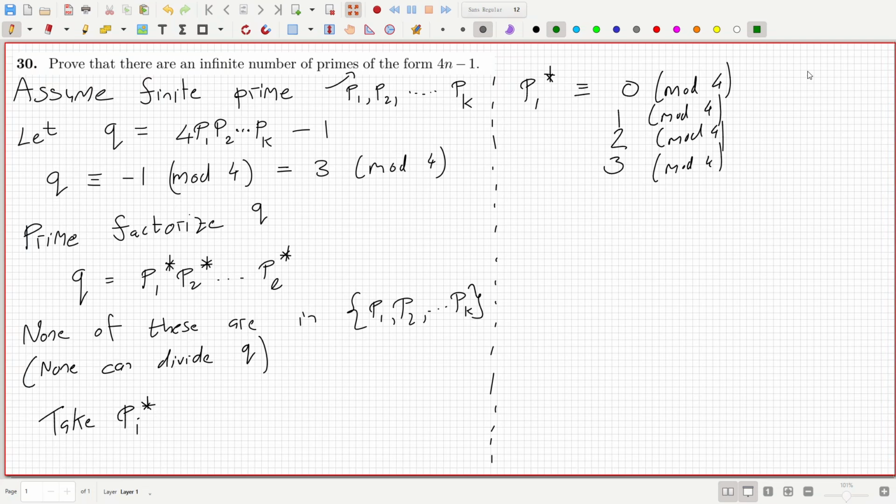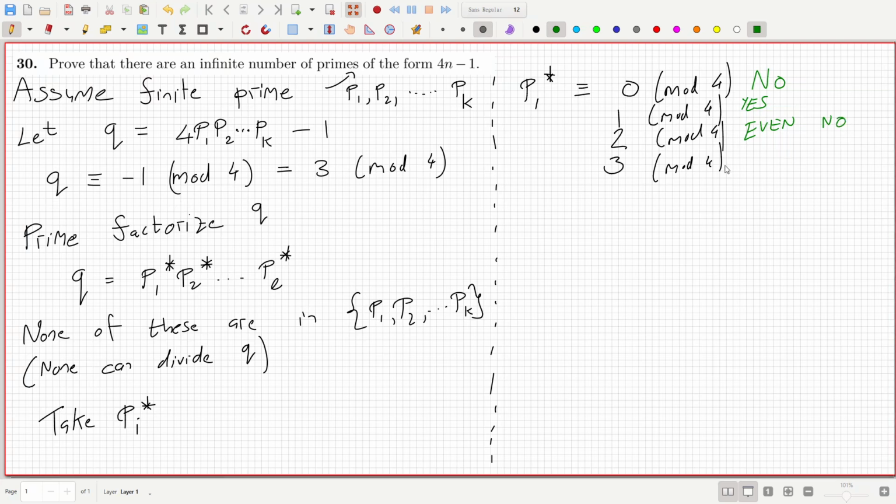So it couldn't possibly be prime, so this is not possible. If it was equal to 1, I think that's possible. If it's equal to 2, then that would mean it's even, so that would be a no.